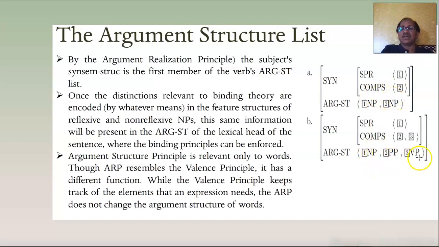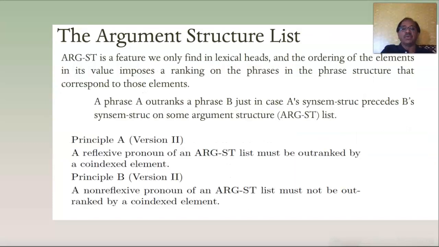Similarly, if you have 3 arguments and this NP is higher than this PP and this is higher than this VP. Okay, so the order in which the arguments are represented gives the ranking value.